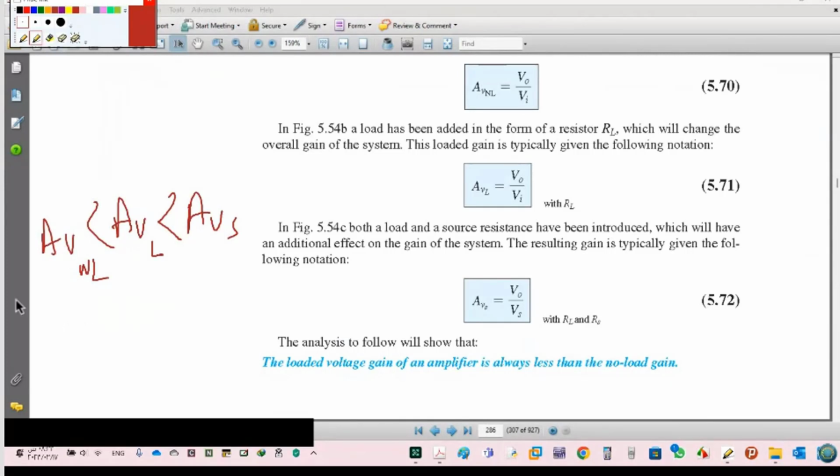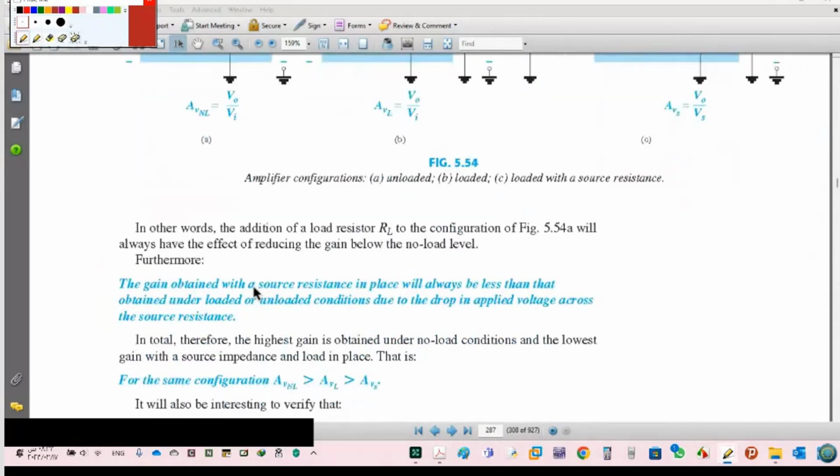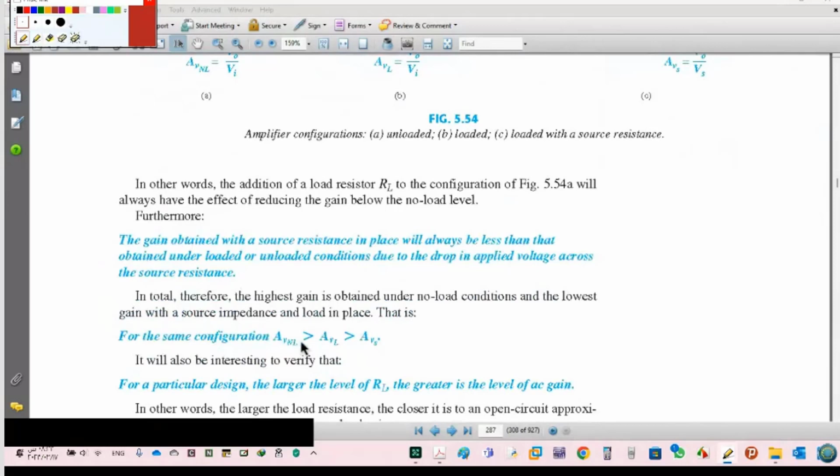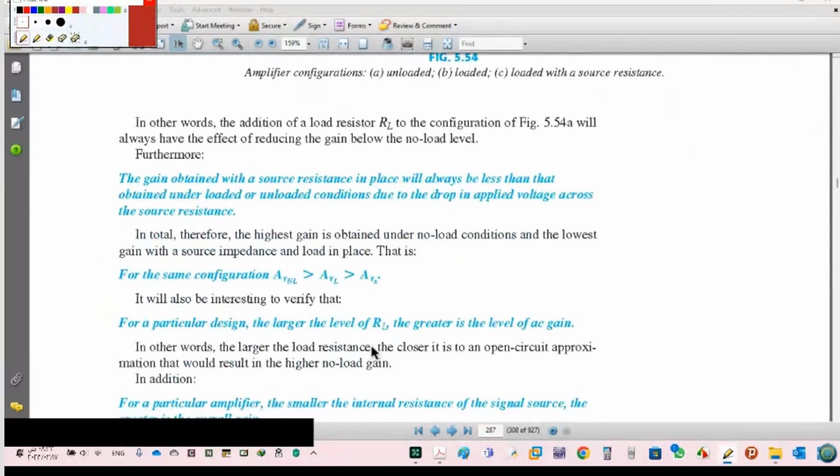So adding R means decreasing gain. We will solve this in a practical example later. So AV no load is bigger than AV load and AVS.